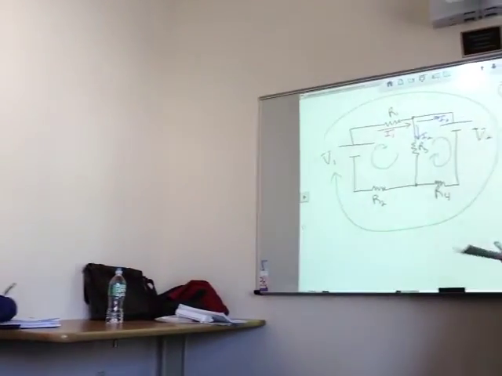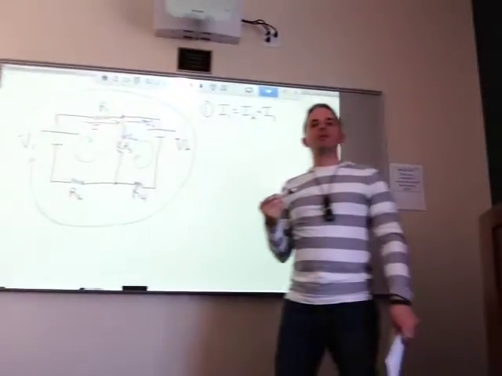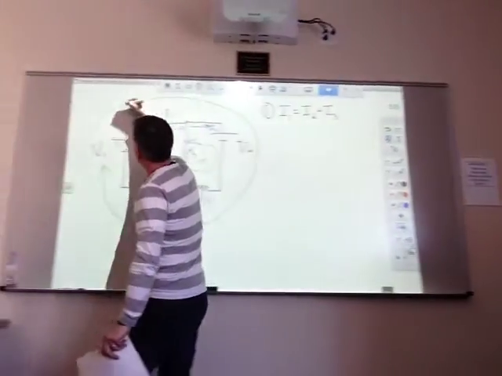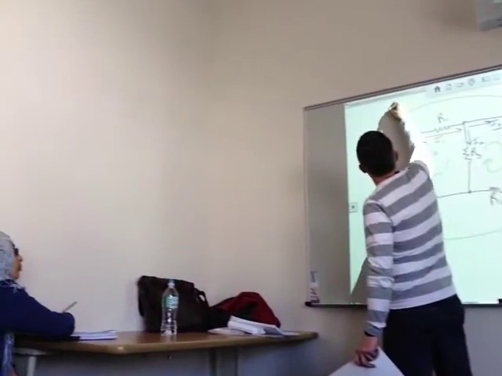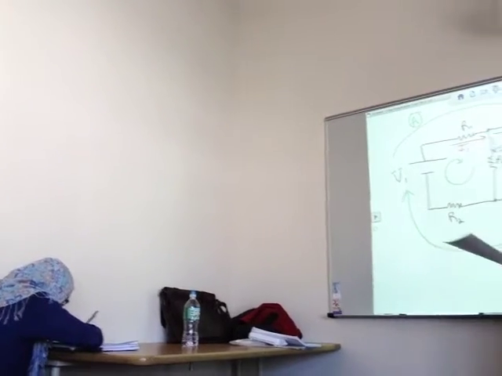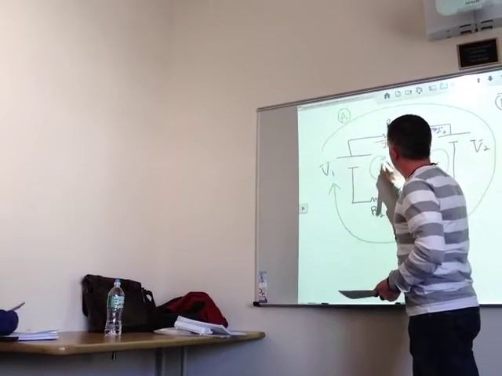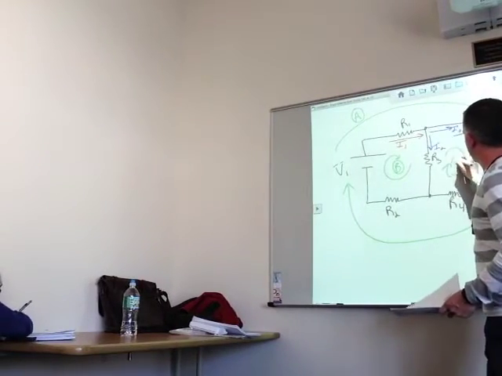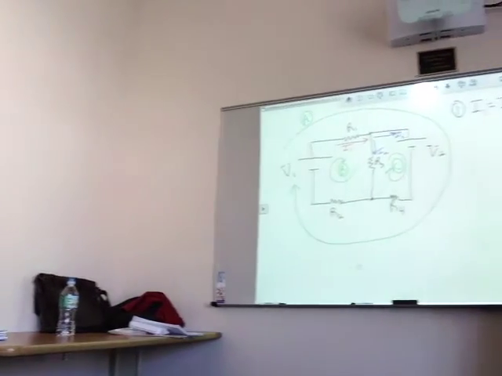So we've got all kinds of loops, and what you're going to want to do is just label them. This is going to be loop A, this is going to be loop B, and we're going to label this loop C.